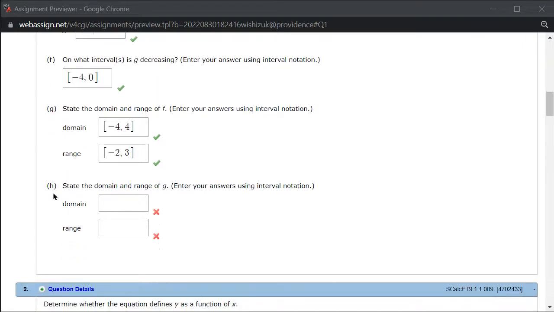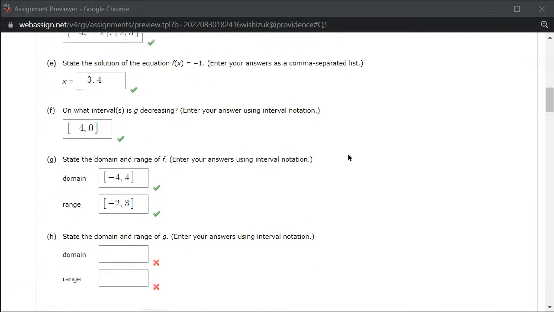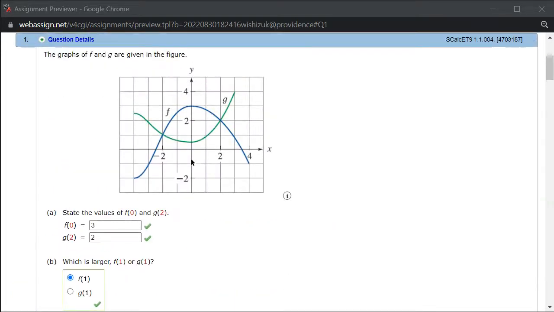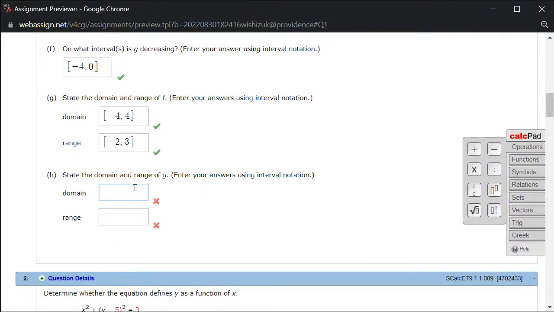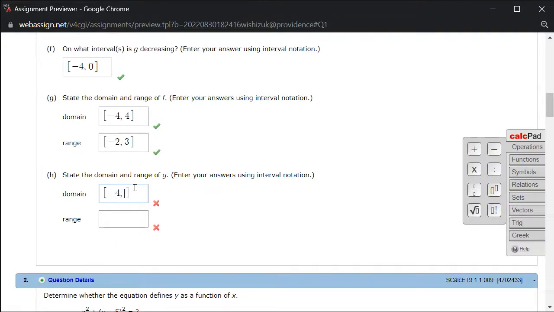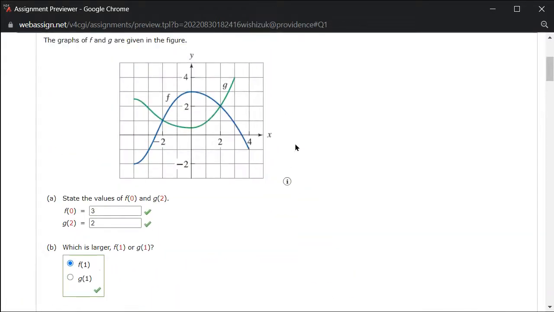Let's move on to part H. The same thing with the function g. If you look at the green curve, it starts from -4 and ends at 3. So the domain is -4 to 3. The range: the lowest value looks like 0.5, and the highest value is 4.